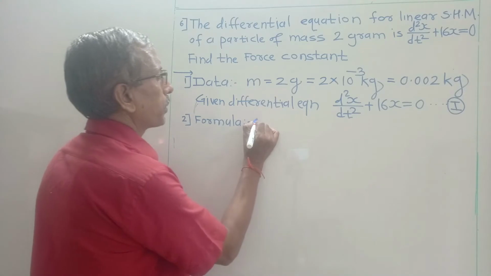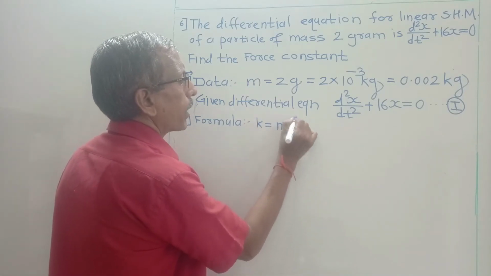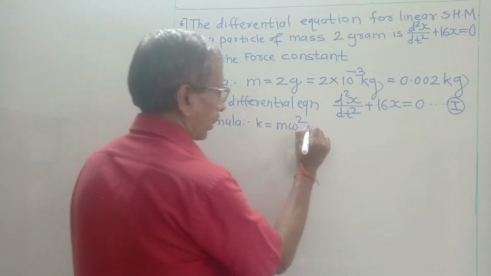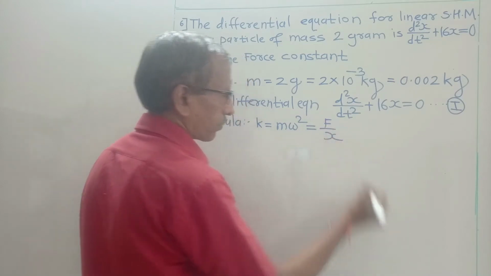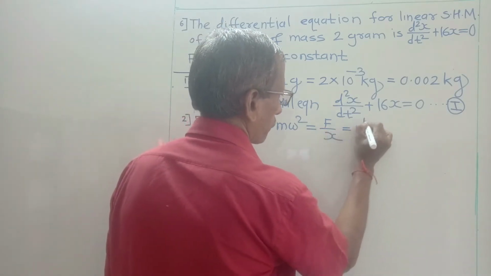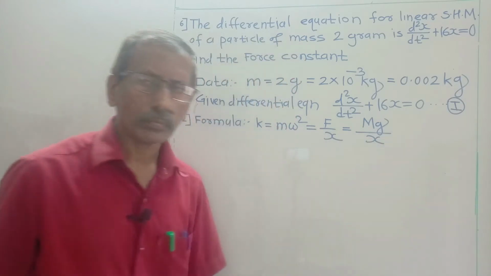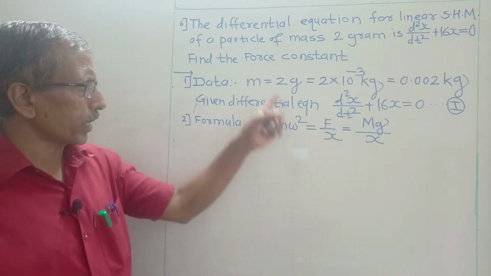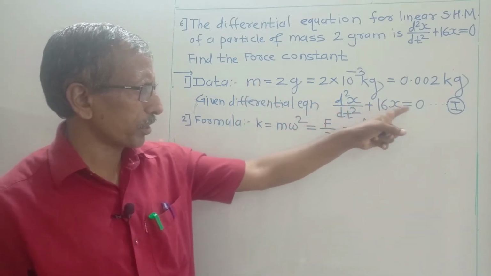So force constant K is equal to m omega square, or is equal to F by X, or is equal to mg by X. So which equation is given? d2x upon dt square plus 16x is equal to 0.